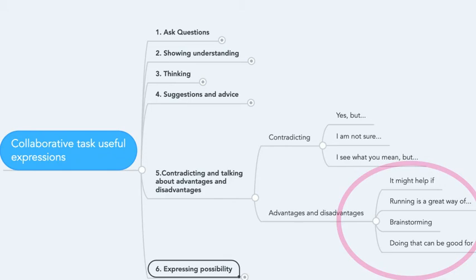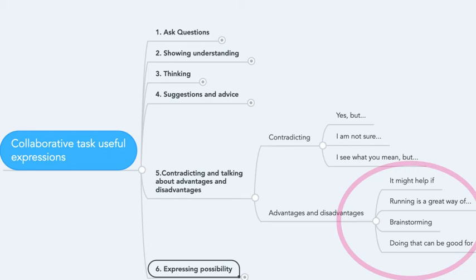It's a good idea to think about the advantages and the disadvantages of a certain situation. So if you're trained to think of this, when you have to speak to the examiner, you will immediately be thinking about the good things of doing something, the bad things of doing something. So this is always a good idea. It's a bad idea to always agree with the examiner because this doesn't create a conversation.